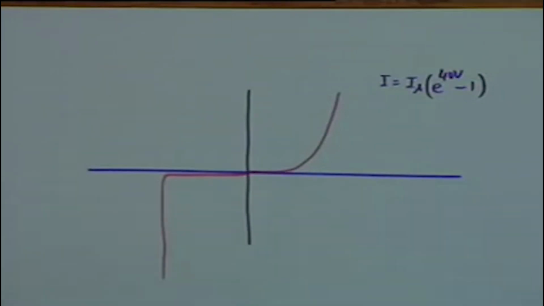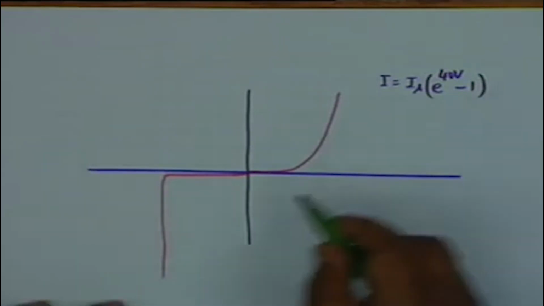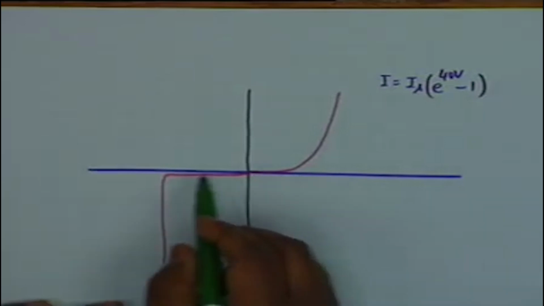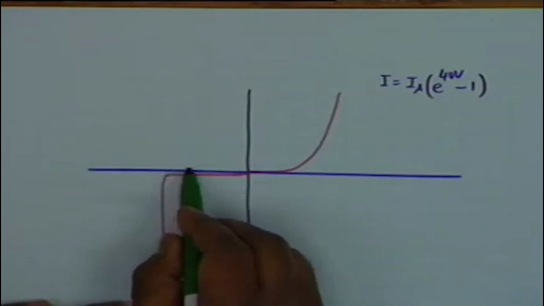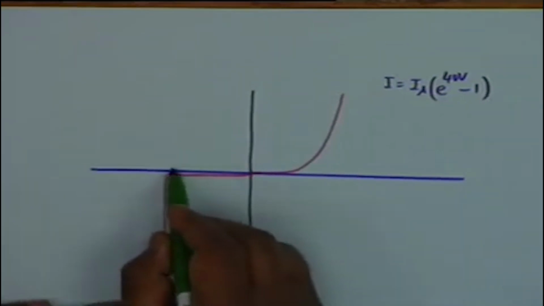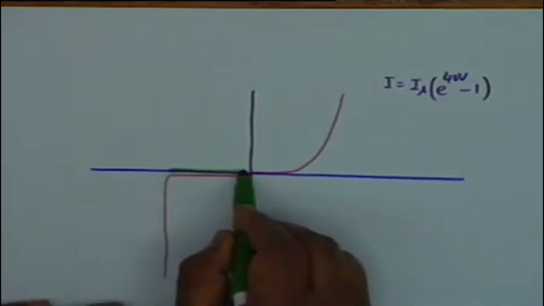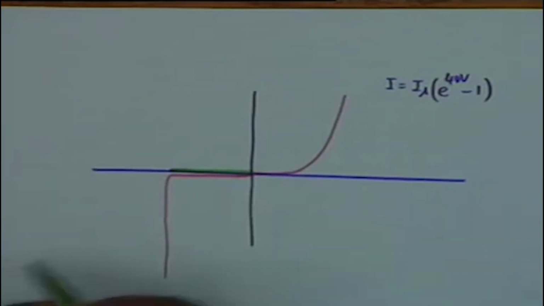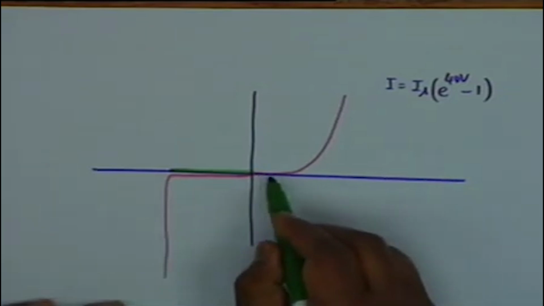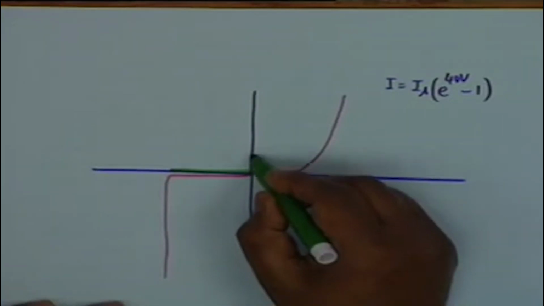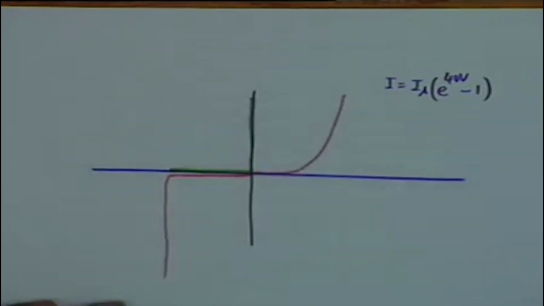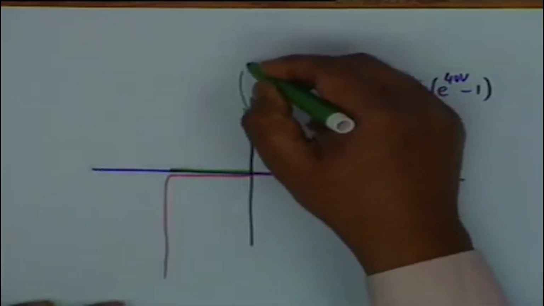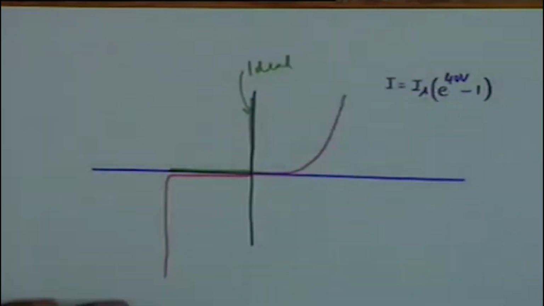So one of the most ideal things that one does is, one assumes that this Is is a very small quantity. So for an ideal diode it should have been 0. For an ideal diode, as soon as the voltage is positive it should conduct. So this green characteristic is that of an ideal diode.